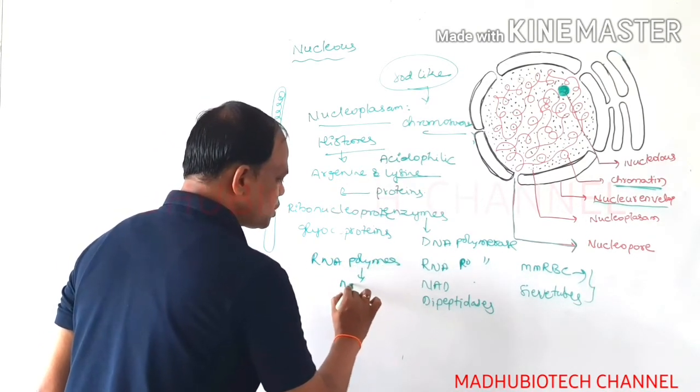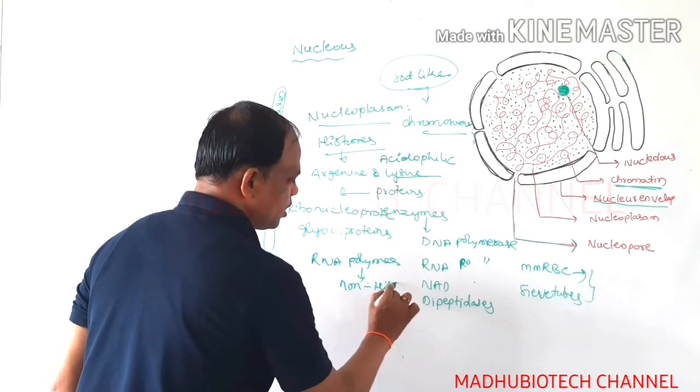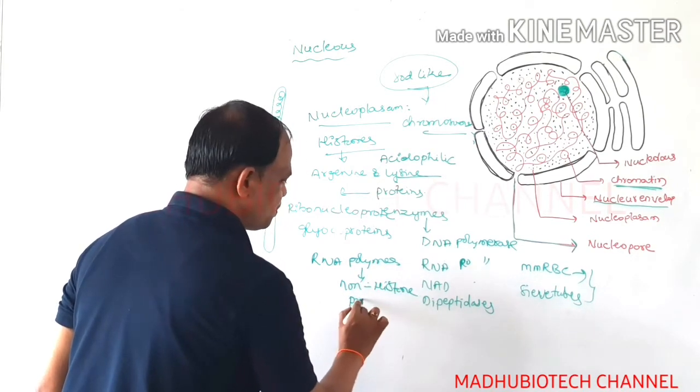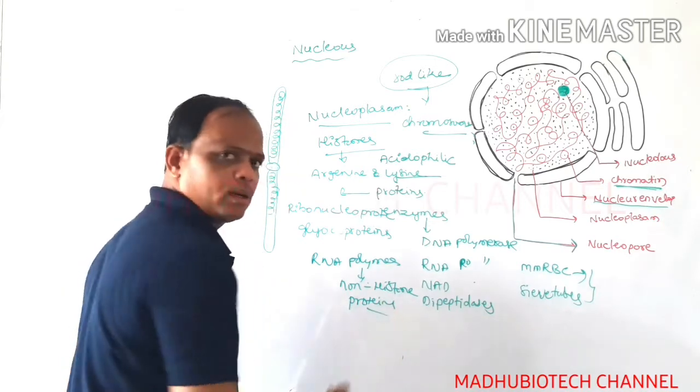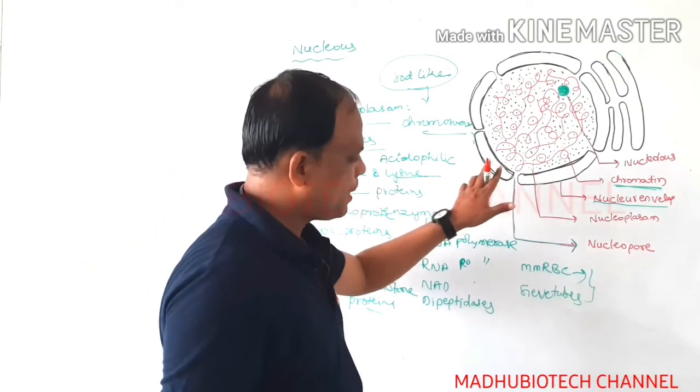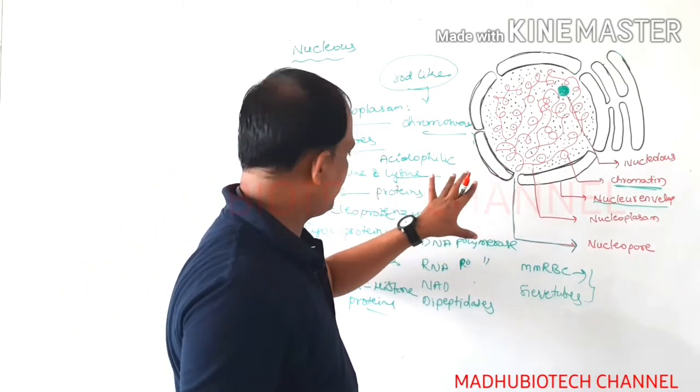This is the non-histone protein particle. Okay, and this is the main structure.